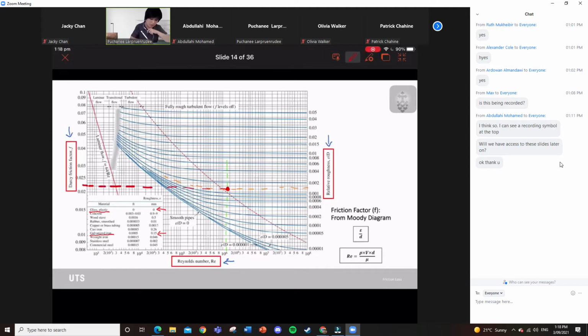Here, you will get the friction factor or friction coefficient from here. You can see the video on how to use the Moody diagram on UTS Canvas.